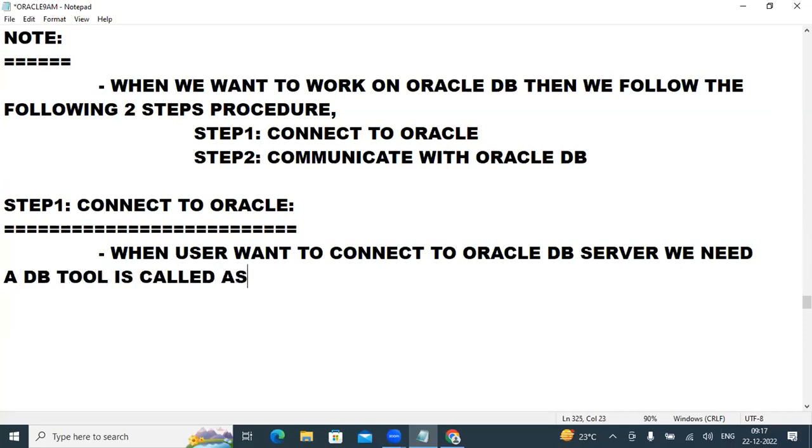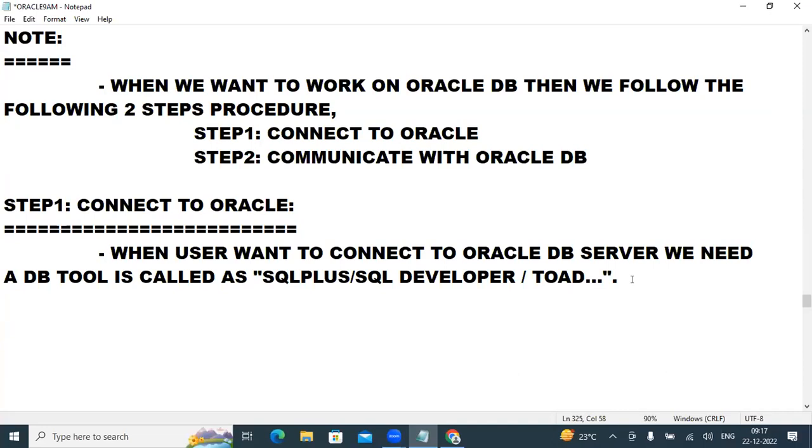I'm using SQL Plus now. Otherwise, you can use SQL Developer, or otherwise you can use Toad, etc. So these are the tools you need to use. That means one client tool is required for connectivity purposes, and that client tool we get after installation.